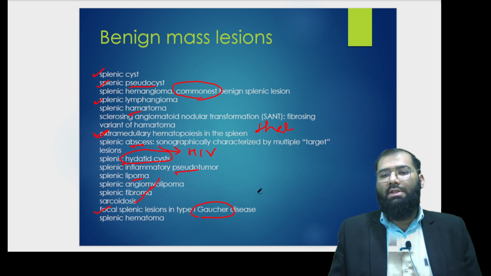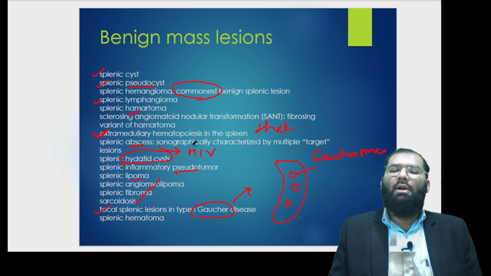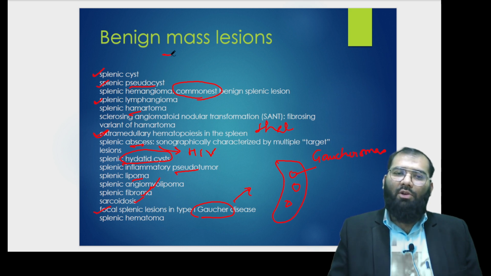Especially in Gaucher's disease, you have special hyperechoic areas in the spleen. If this is the spleen, you will find multiple hyperechoic areas, or sometimes they are heterogeneous. These are called Gaucheromas. One important thing which I have not mentioned here is tuberculosis.